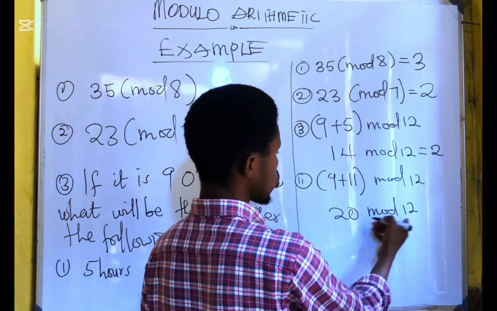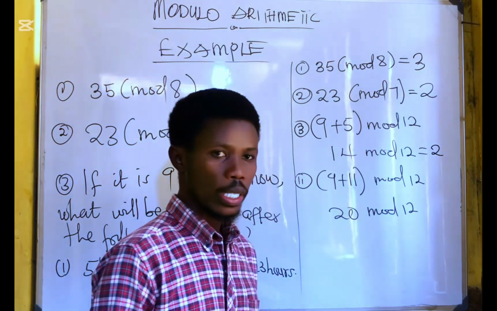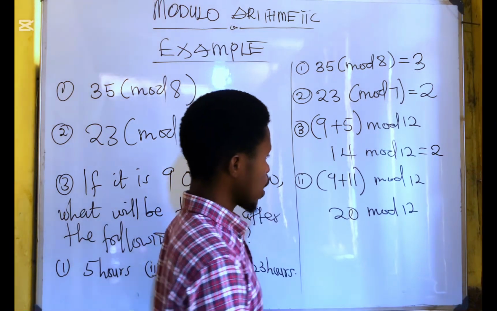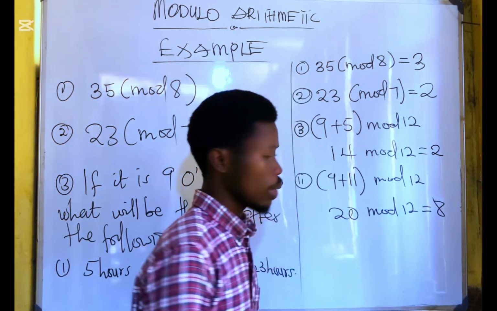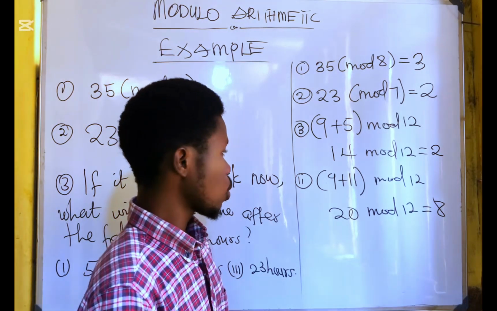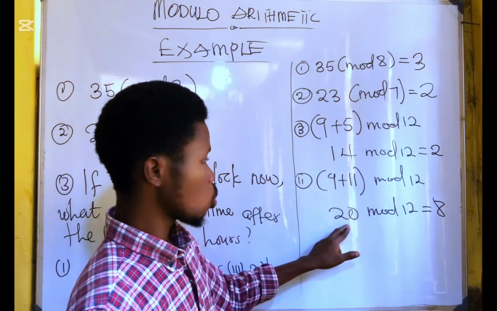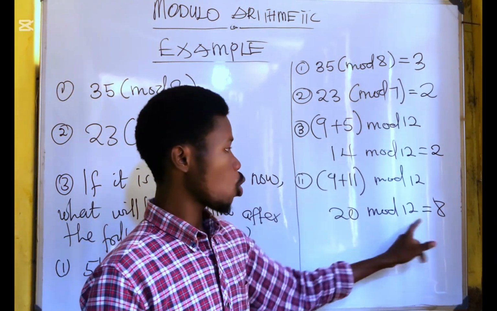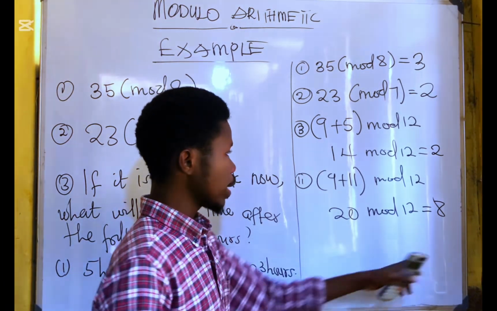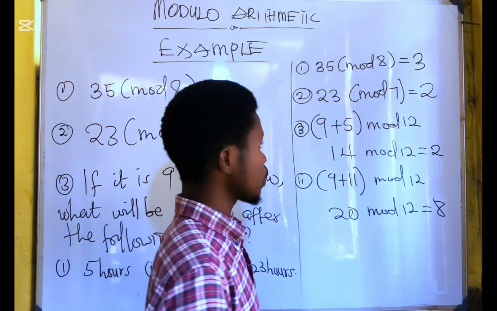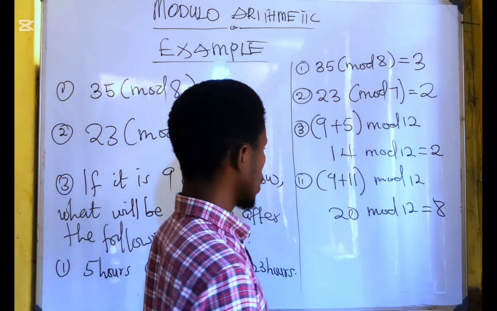So 20 mod 12, what are you going to get? You are going to get 8, right? Because 12 can go into 20 one time, remainder 8. Or when you subtract 12 from 20, you get 8. Yes, and 8 is less than 12, so that's why I've written that. Now let's move on.